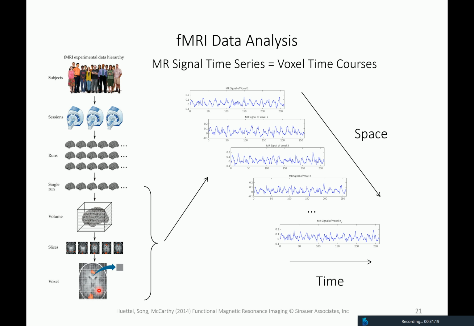Of course, you have many locations in such a slice, but because you acquire the data over time, for each single location, you get many time point measures. Yeah? So then you have a signal that has both spatial information, because you know which voxel you acquired that from, and temporal information, because this was acquired over time.